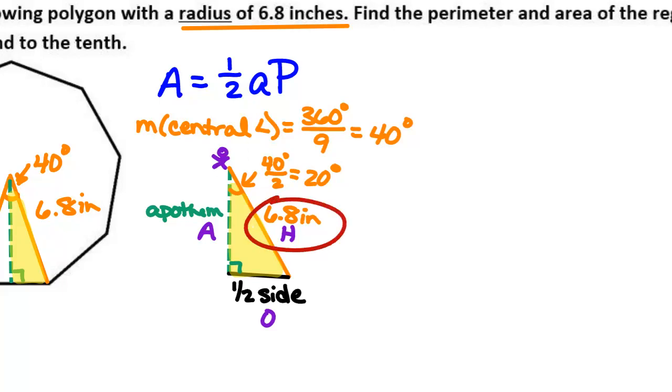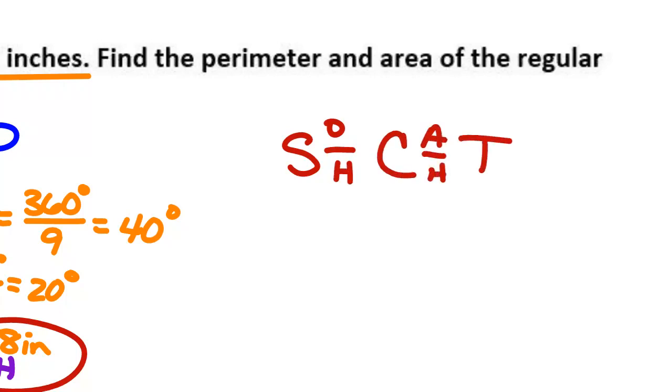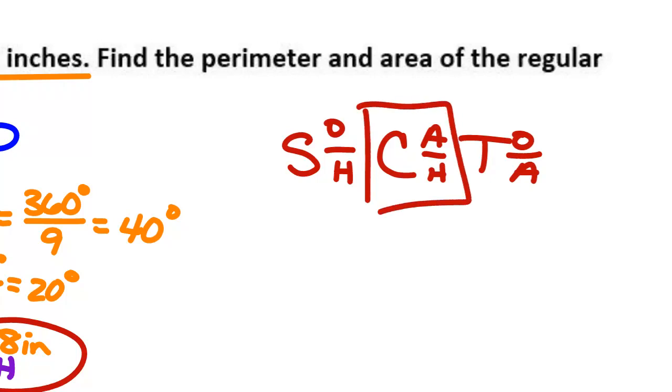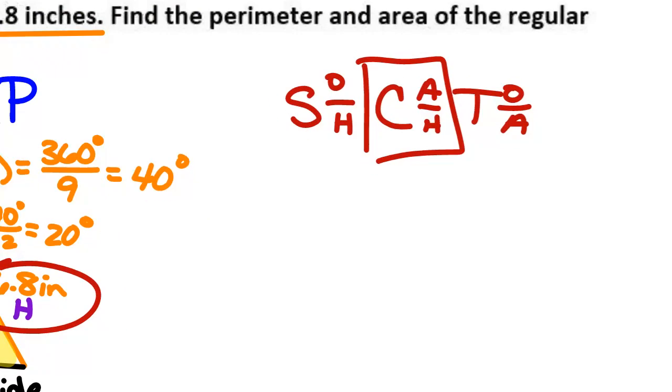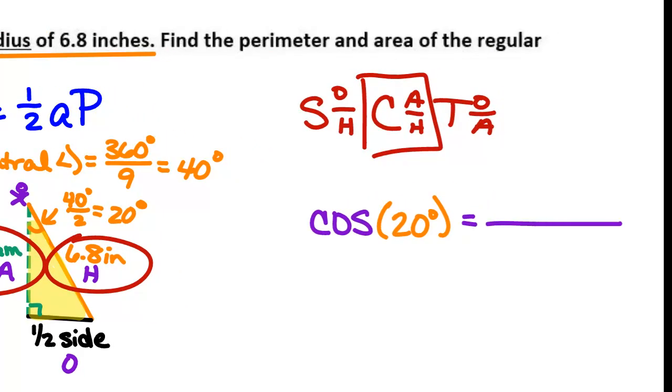So I need to use the hypotenuse because I have that. And I want to find the apothem. So if I'm thinking SOHCAHTOA, the one that lets me use adjacent and hypotenuse is cosine. So I would have cosine of 20 degrees is equal to my adjacent side, which is my apothem, over my hypotenuse, which is 6.8 inches.